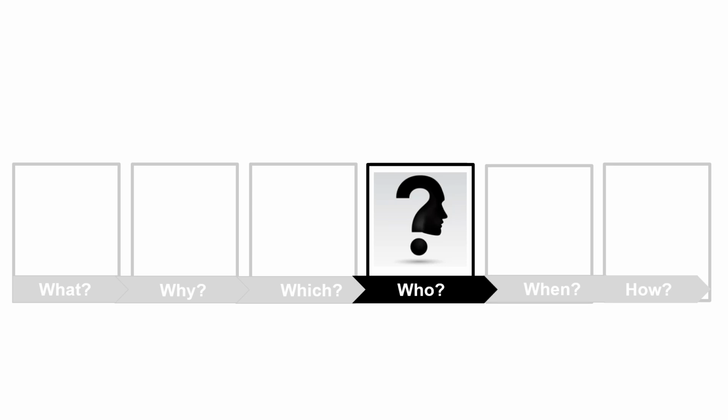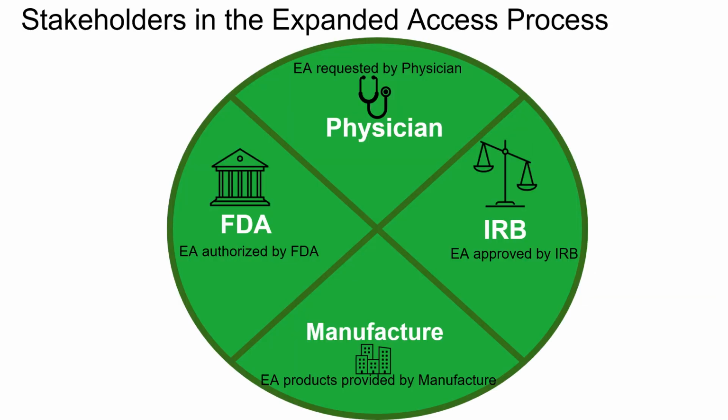So now, who are the stakeholders? There are 4 main stakeholders in the expanded access process: physicians, the manufacturer of the investigational products, FDA, and IRB. Once again, expanded access is requested and initiated by physicians.